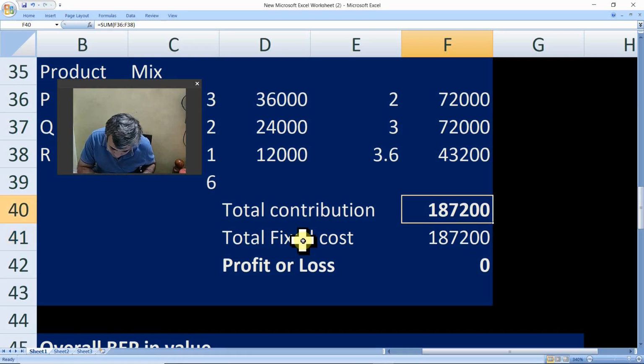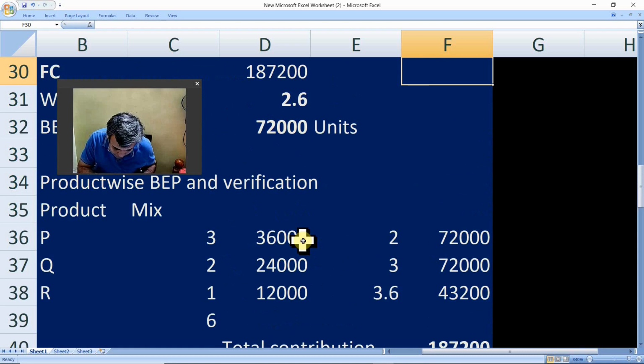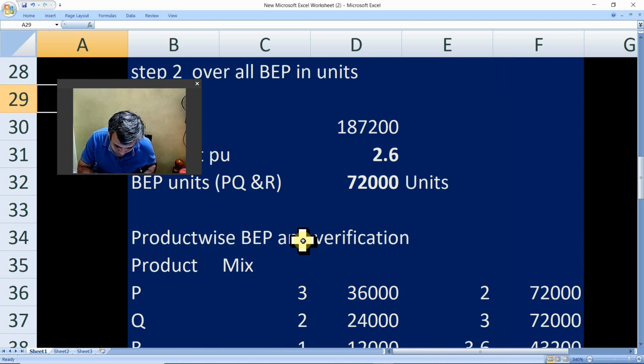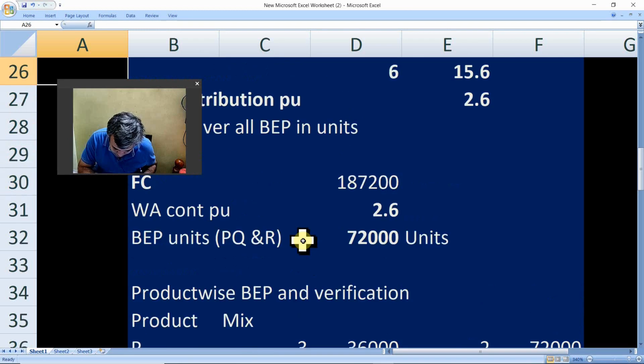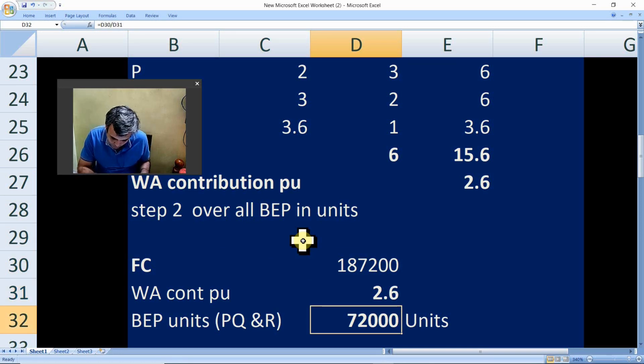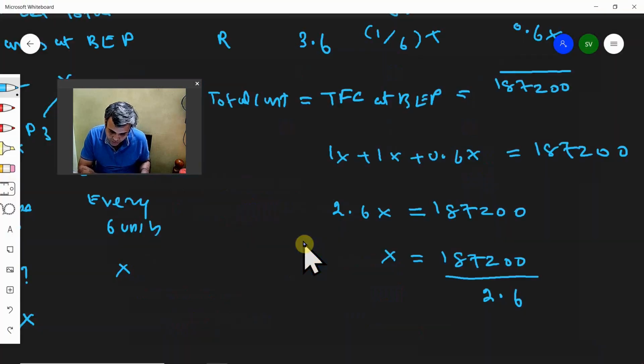When we found the BEP here, it was my FC of 1,87,200 and an average contribution per unit of 2.6. That gave me 72,000 units.